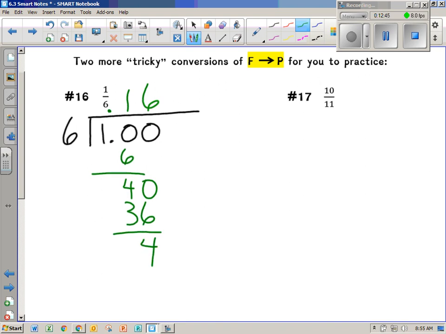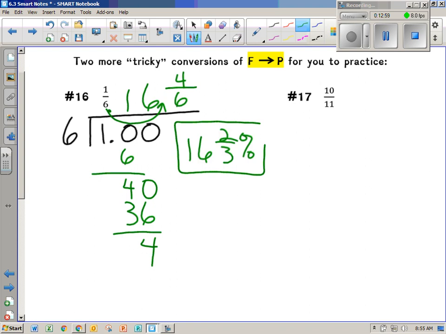Stopping here because I only need to shift my decimal 2 places, but I've got to put my remainder over my divisor. So I'm going to shift that decimal. So I have 16, and 4/6 is 2/3%. If I kept going on that one, I would have got 6, 6, 6, 6, 6, 6, 6, so it would have been 0.16 repeating. So you never want to write a repeating symbol in a percentage. In fact, when things are repeating, that's why we just try to stick with fraction form.